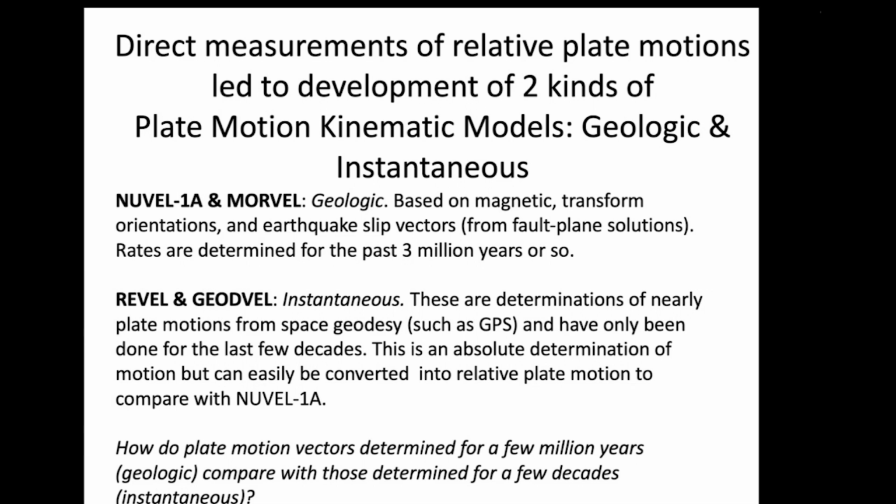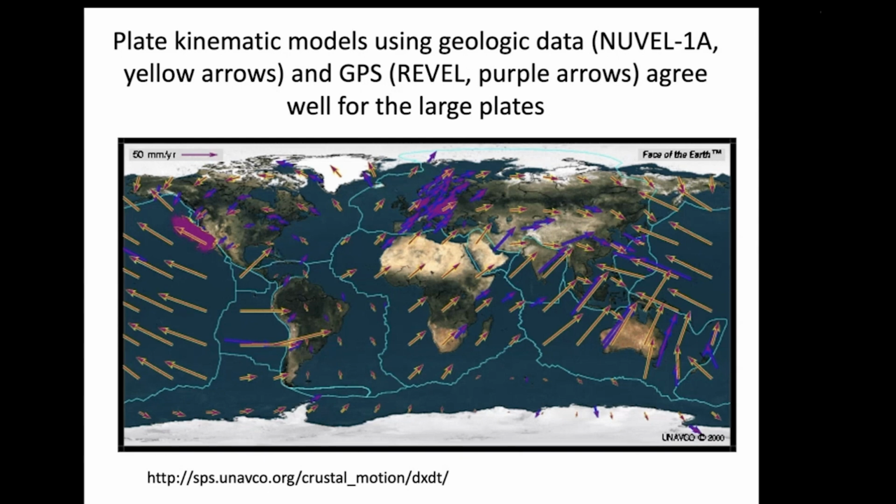So how do plate motion vectors determined for a few million years, geologic ones, compare with those determined for a few decades, instantaneous? And here we have a map that purports to show the plate kinematic models using Nouvelle 1A, that's the geologic model. Those are the yellow arrows. And then the ones with GPS, which is Revel, which are the purple arrows. And so you can look around at these, and what I see is they agree pretty well.